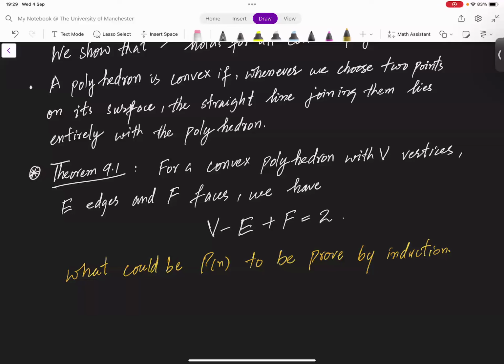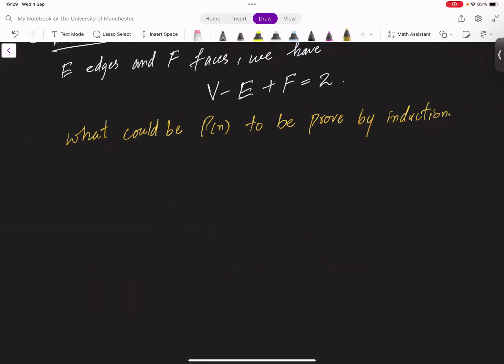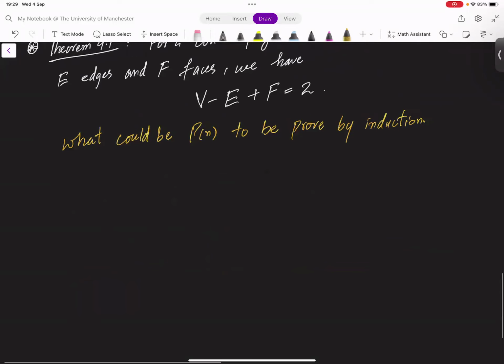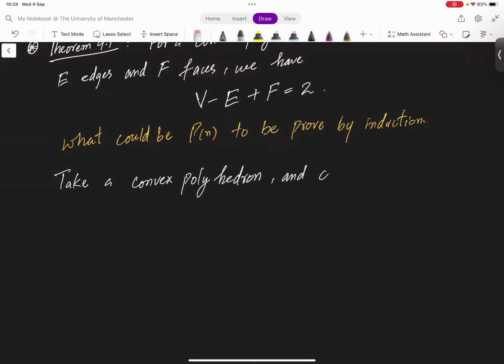So take a convex polyhedron as in the theorem and choose one face of it.